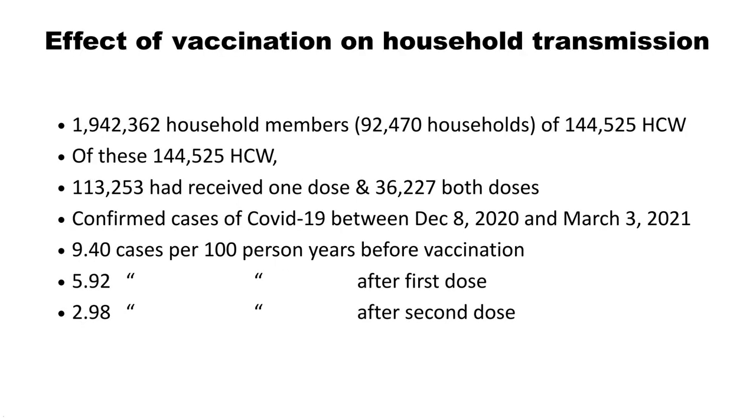The effect of vaccination was also felt in household transmission. From Scotland, they reported on 1.9 million household members, which included 92,000 households with healthcare workers. Of these, those who were vaccinated, their family members had less chance of infection after the first and the second dose than those who were not vaccinated or before the vaccines were available.